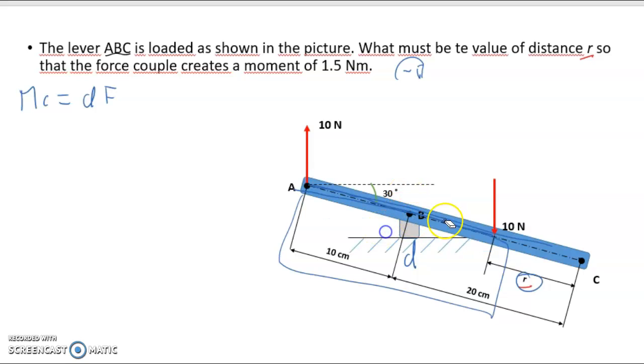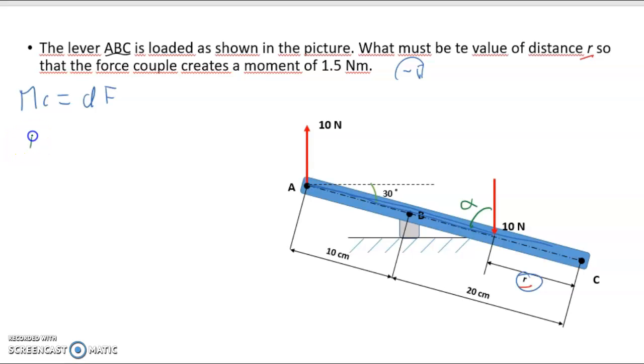So the easy way to go is to find the angle between my force of 10 newtons, not about the horizontal, but about the lever. This angle can be called alpha.